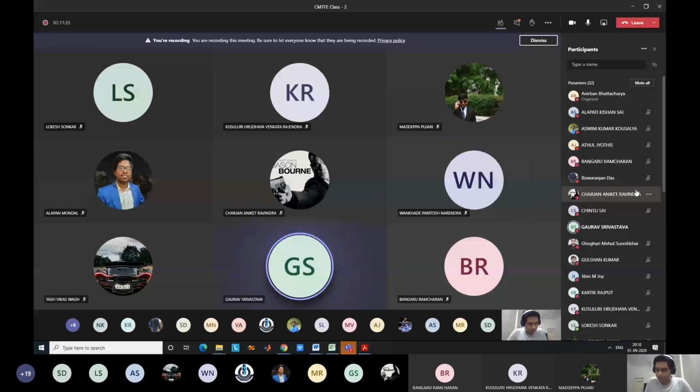Gulshan Kumar is also there. Madepa Pujari. What should I call you? What is your first name, Pujari or Madepa? Madhyapa, sir. Call me Pujari, sir. Pujari. Nilesh Kumar. Yes, sir. Present, sir.